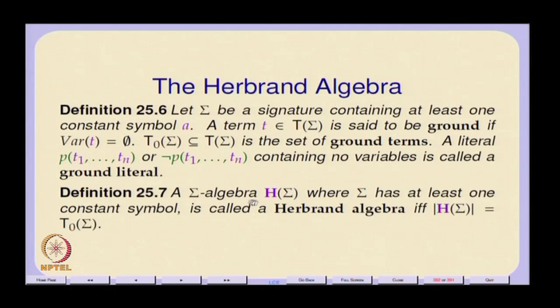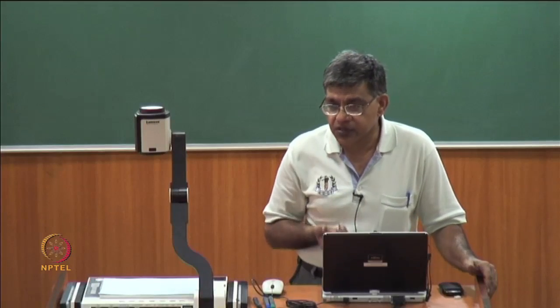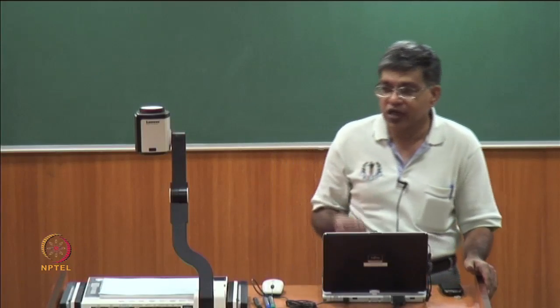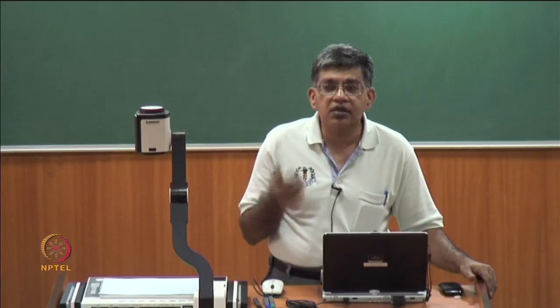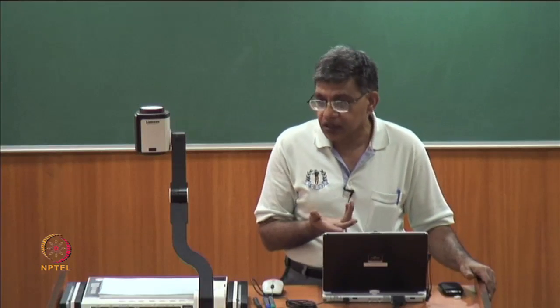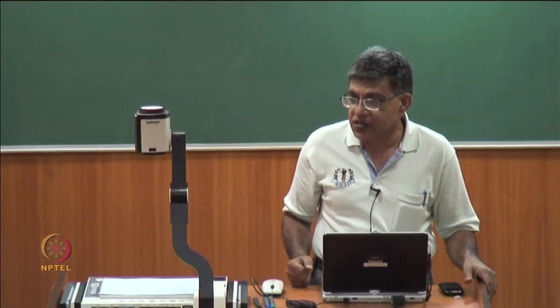Now we can think of this T sigma itself as a carrier, as a domain of a sigma algebra. Of course, T sigma is closed under the functions of sigma, under all the operations in sigma.